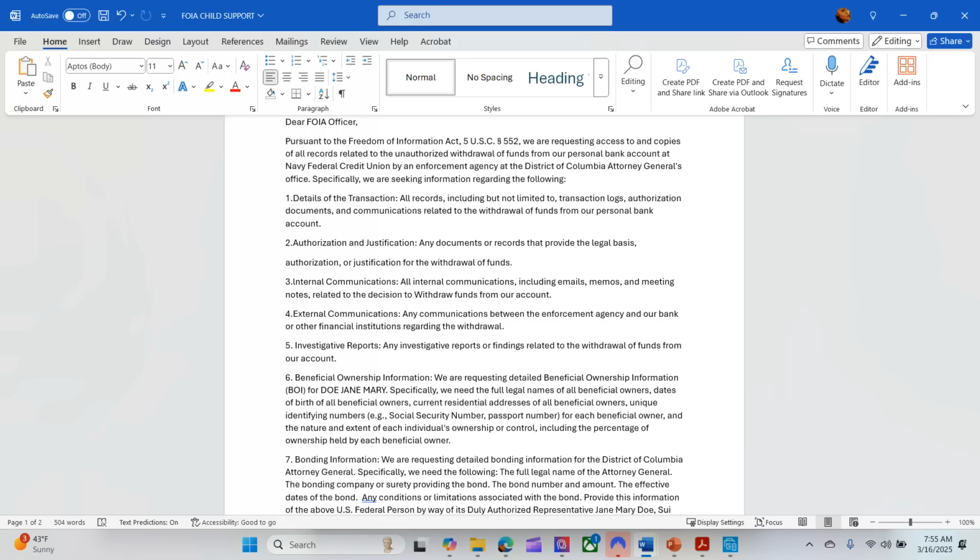And FinCEN, which is the Financial Crimes Enforcement Network, is a department within the United States Department of Treasury. FinCEN is looking to curtail ambiguous legal and tax structures, okay? What that means is they are trying to prevent money laundering, terrorism, extortion.